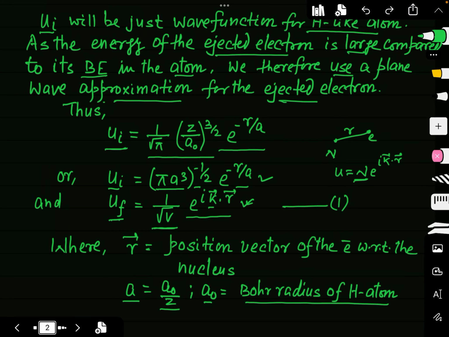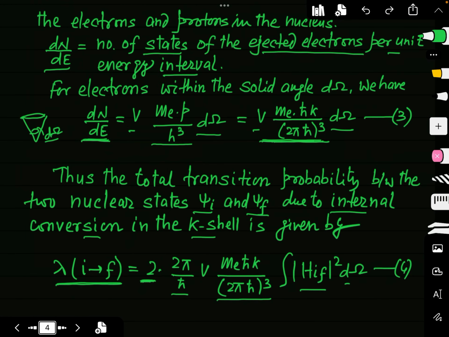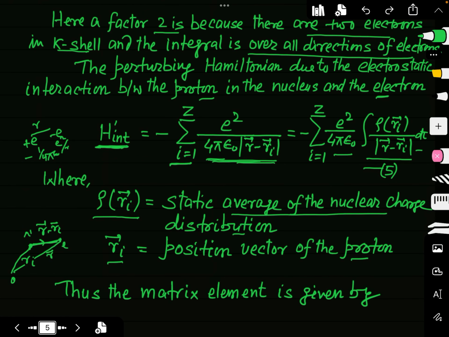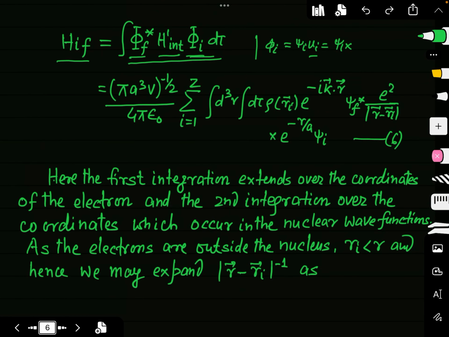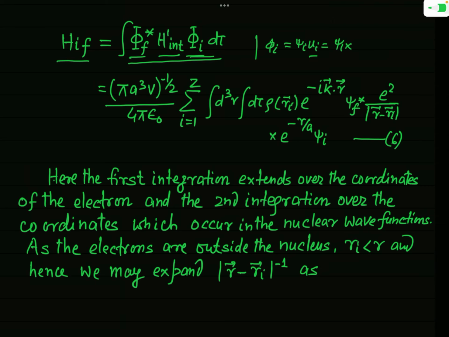So the value of u i and u f will be substituted here. I have not exactly written that expression here. And phi f is equal to psi f into u f. And u f, you have seen that this is in the plane wave form.